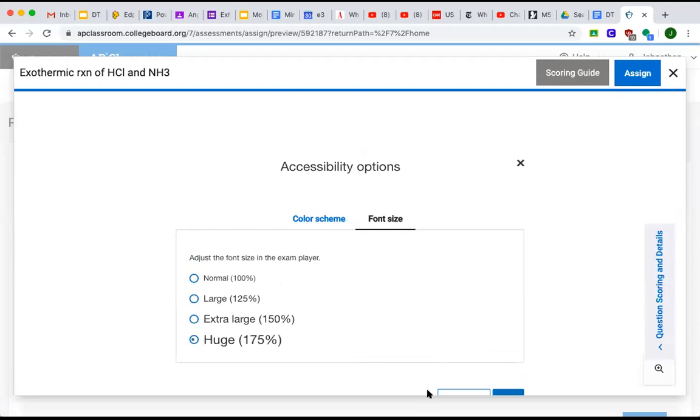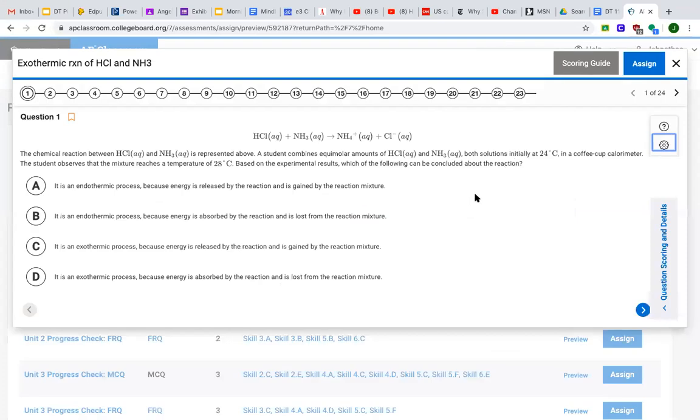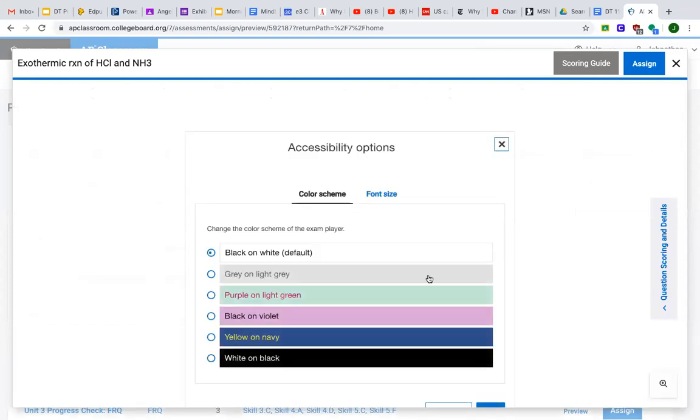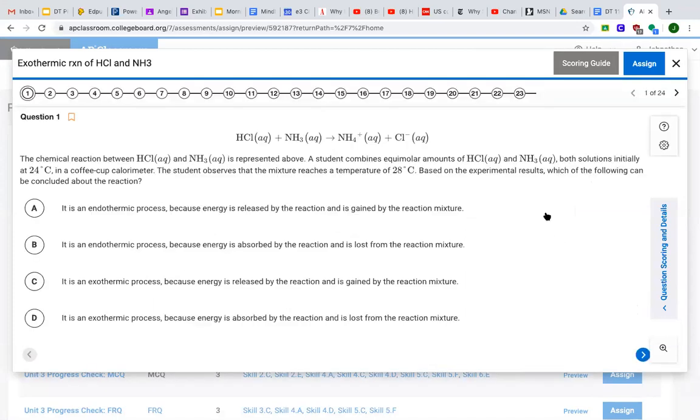Huge font. This thing is so slow. I don't know why this font isn't bigger. Can you guys read this? Yeah, I can read that. I can as well. Let's just make it large then at least. I don't know why it doesn't want to. There we go. That should do. That way it'll be a little more readable. Yeah, I like that better. Okay.